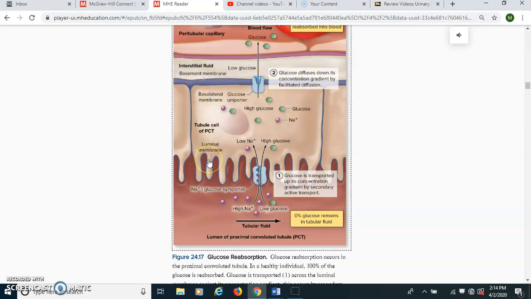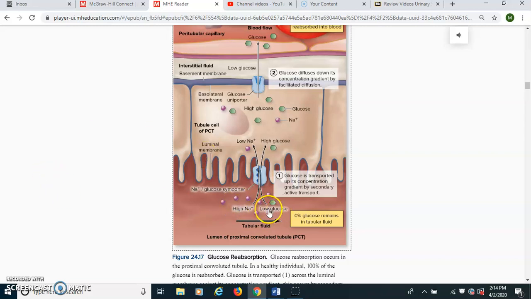Again, we're still in the proximal convoluted tubule. Remember, most of the tubular reabsorption is going to happen in the proximal convoluted tubule, so be aware of that.